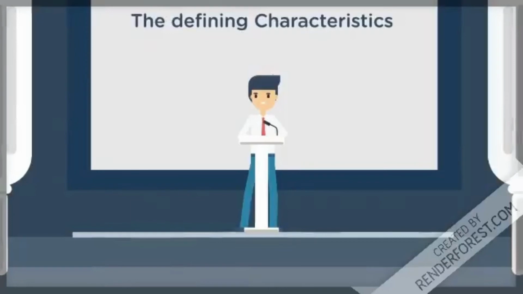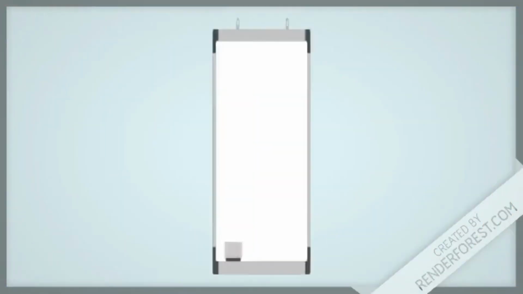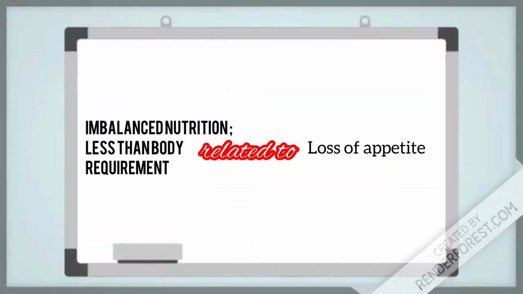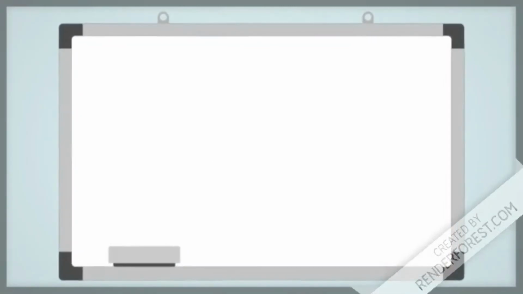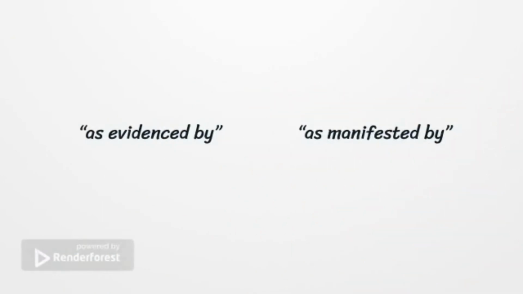So if it's an actual problem, then of course you are supposed to get a defining characteristic. So we have imbalanced nutrition less than body requirements related to loss of appetite. Now we have to join the defining characteristics, and here our conjugate is "as evidenced by" or "as manifested by."